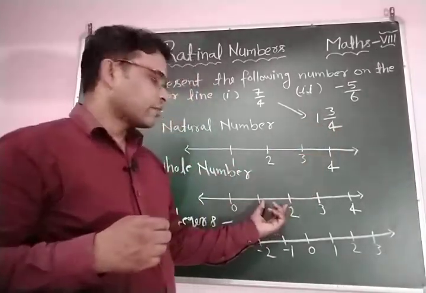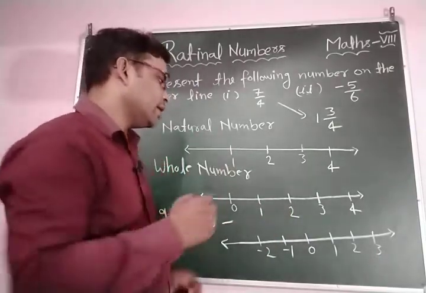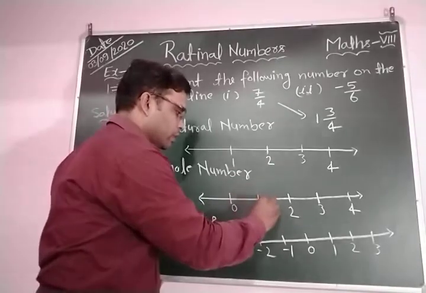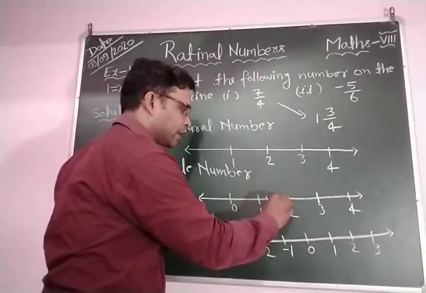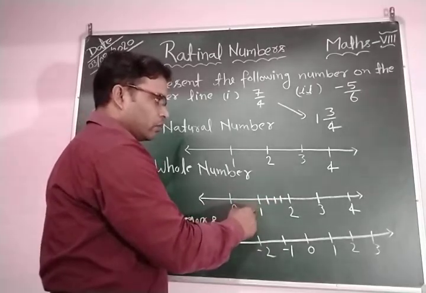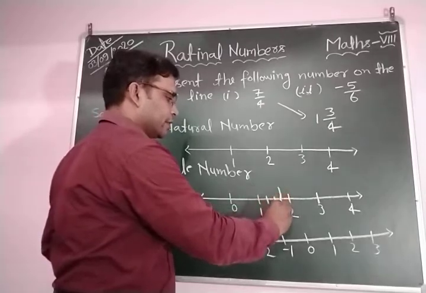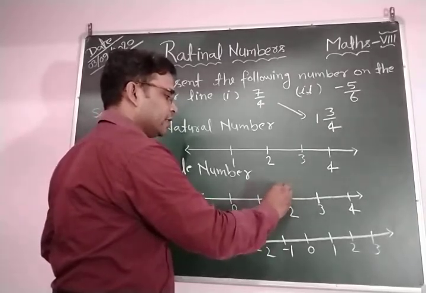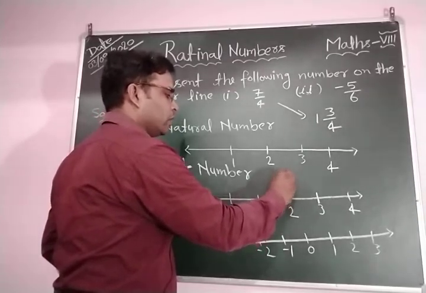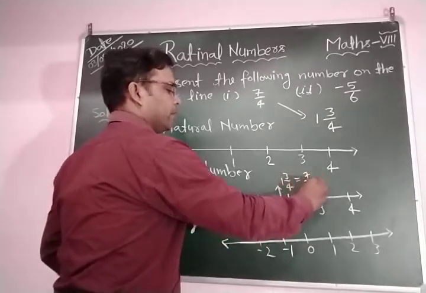So we divide the line segment between 1 and 2 into 4 equal parts. 1 part, 2 part, 3 part, 4 part. 1 whole 3 by 4, 1, 2, 3. This point represents 1 whole 3 by 4, or 7 by 4.